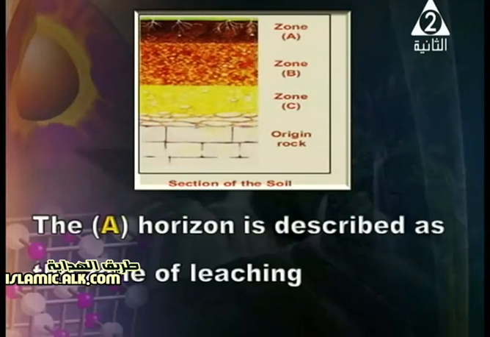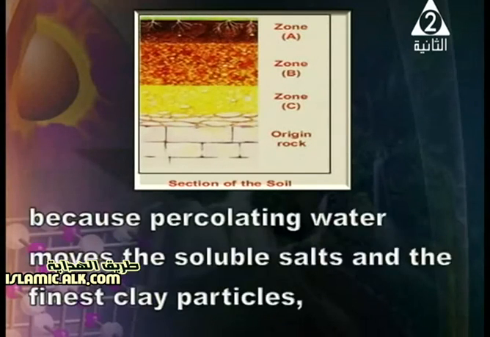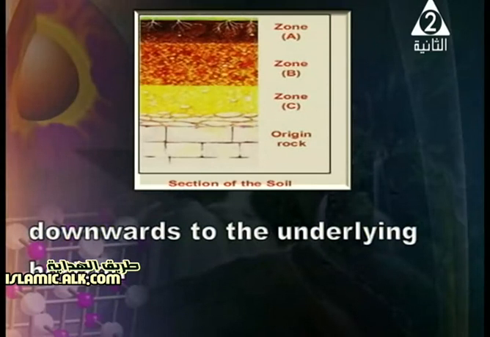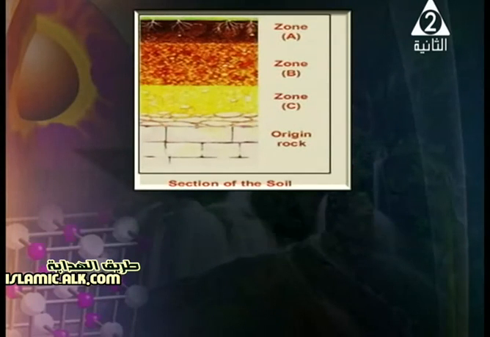The upper horizon A is described as the zone of leaching, because the percolating water moves the soluble salts and the finest clay particles downward to the underlying horizon. It is another name for the uppermost horizon. It is a percolating horizon.